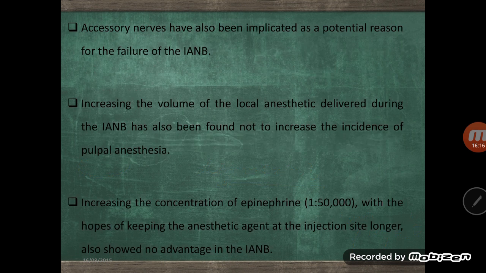Accessory nerves have been implicated as a potential reason for the failure of anesthesia before the inferior alveolar nerve block. Before going into that, I'll explain the reason for the hot tooth. It is due to accessory receptors that are present, that is TTX-resistant sodium channels. Generally, sodium channels are the channels responsible for local anesthetic action.